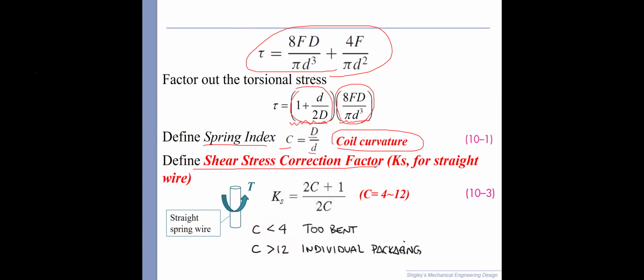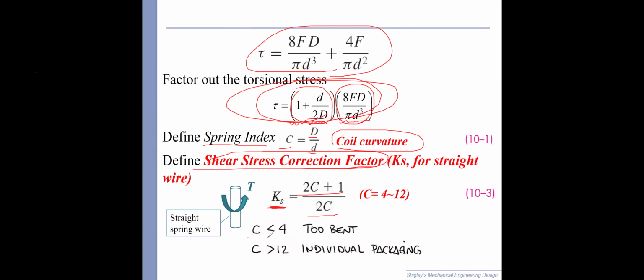Suppose the spring wire is a straight wire and we just apply this maximum stress. We need a correction factor to evaluate its actual shear stress. Ks equals 2C plus 1 over 2C.